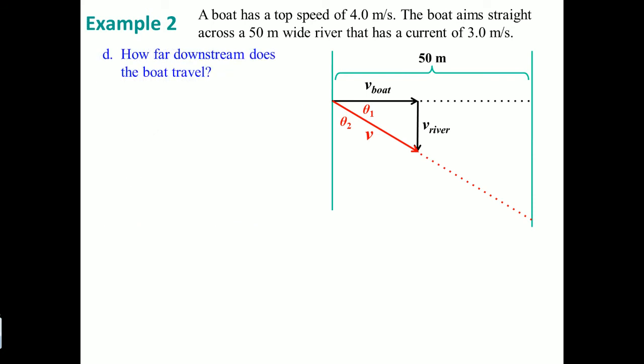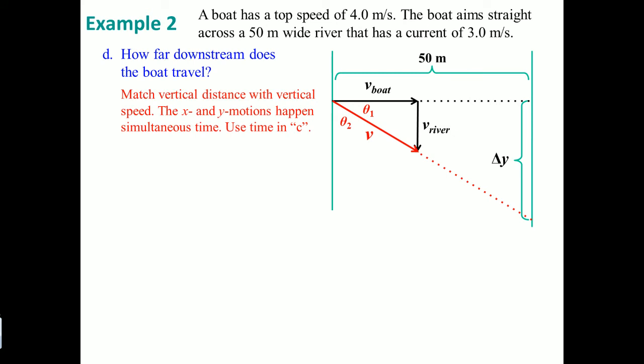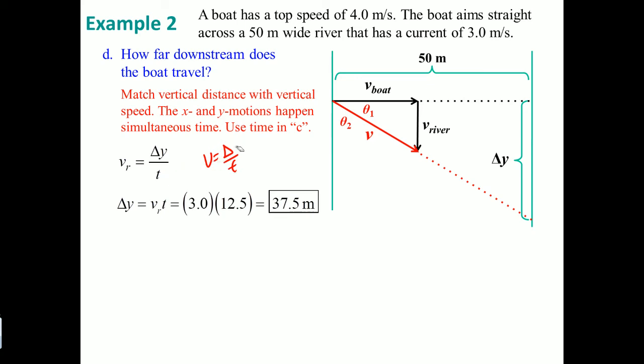How far downstream will the boat travel? Well, this would be your delta y. So you could set up the equation: velocity is equal to delta x over t, but it becomes delta y because now it's traveling downstream due to the current. Rearrange it and delta y is equal to v times t.